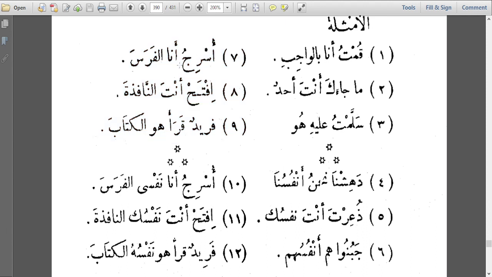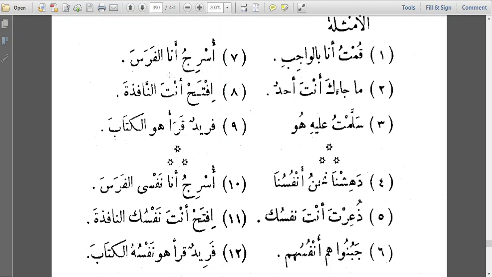Usriju. What is the fa'il of usriju? Don't tell me ana. Usriju is conjugated to ana already. So the fa'il is damirun mustatirun wujuban, a pronoun that is hidden in the verb itself.